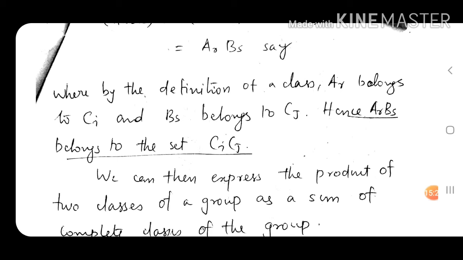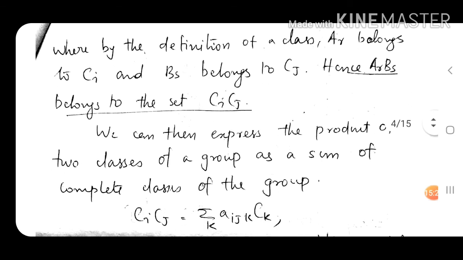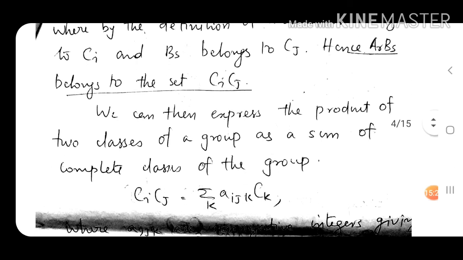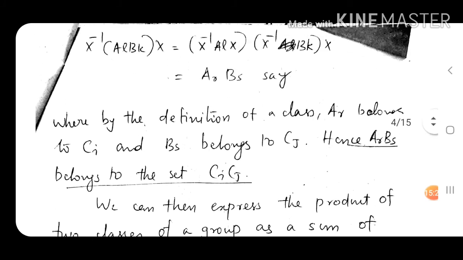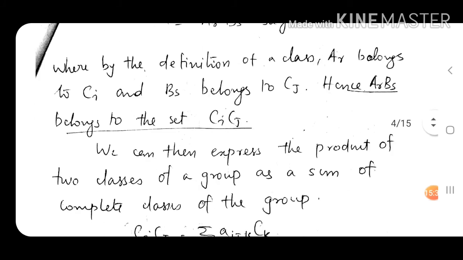So the product of two classes consists of complete classes: if an element is present in the product, its conjugate is also present in the product.